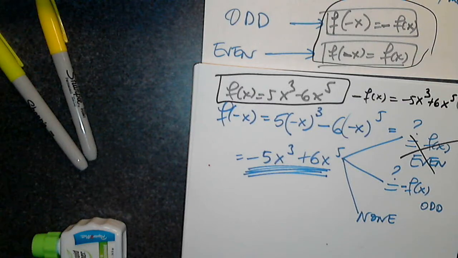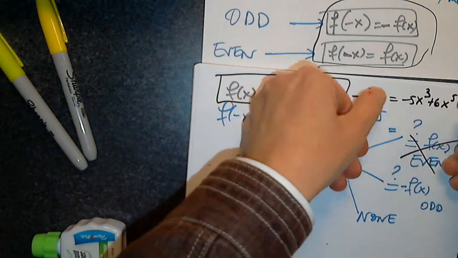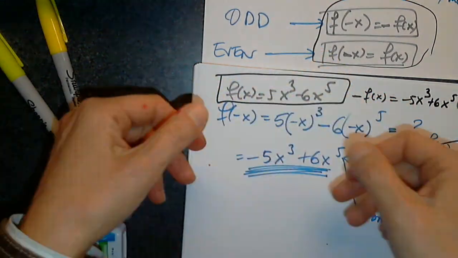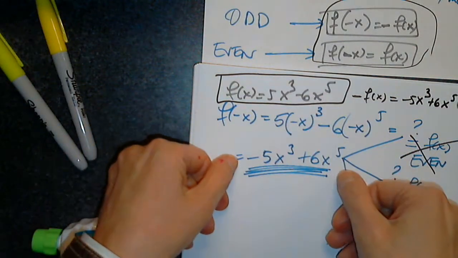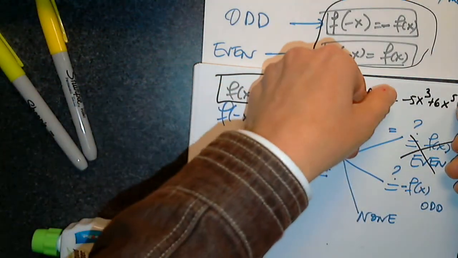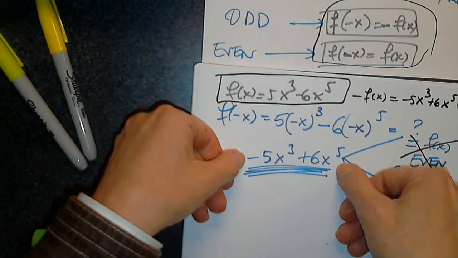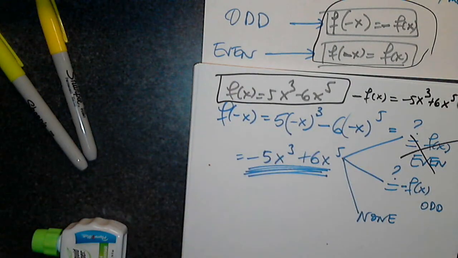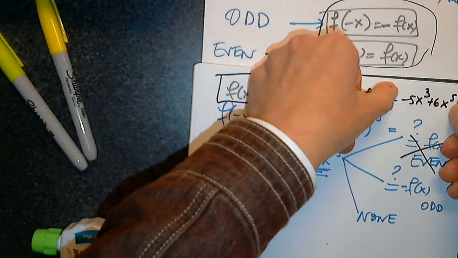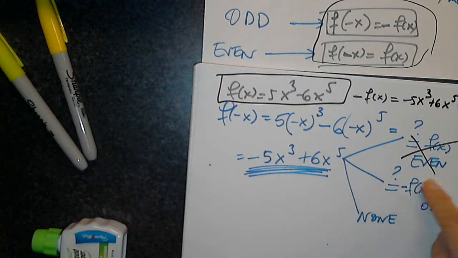So now I'm comparing negative f of x, which is this, to what I got for f of negative x, which is this. If these 2 are completely identical, then I will say odd. If these 2 are not identical, I will cross this and I'll say none of the above.